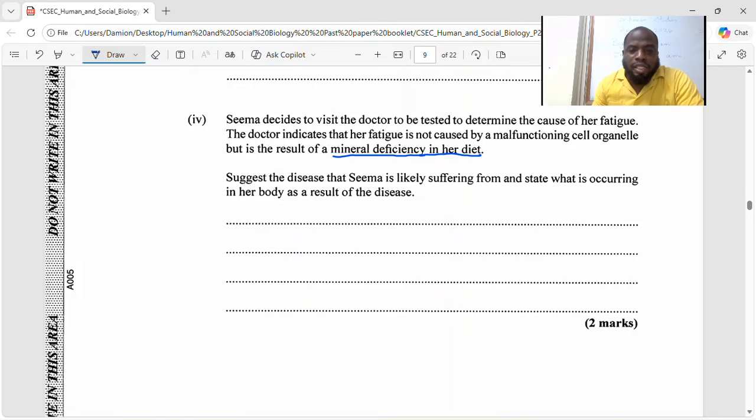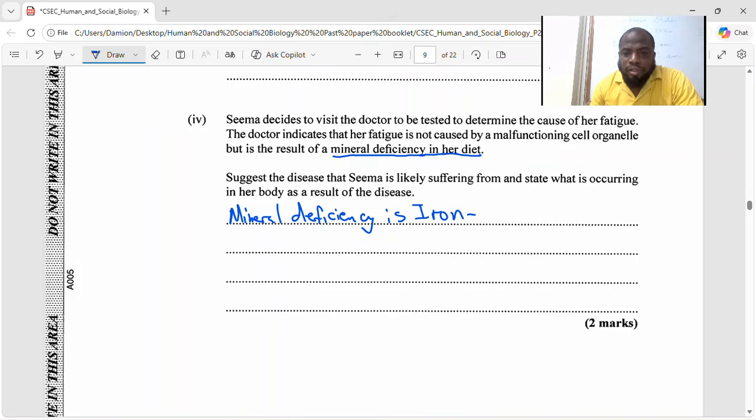Suggest the disease that Seema is likely suffering from and state what is occurring in her body as a result of the disease. So she's likely the mineral deficiency is iron.